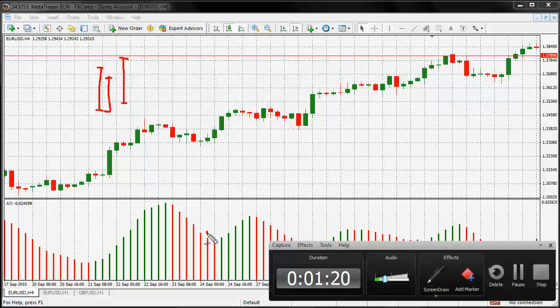If you take a look at this bar here, it's actually higher than this bar here. Then this opposite color bar is a green bar. This needs to be higher than the middle bar, and it is. So that there is referred to as a long saucer.